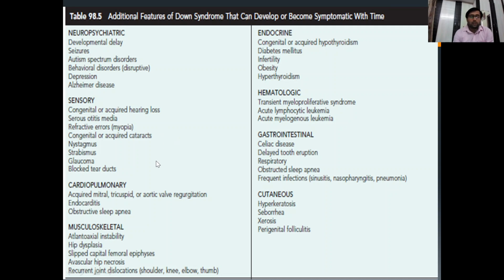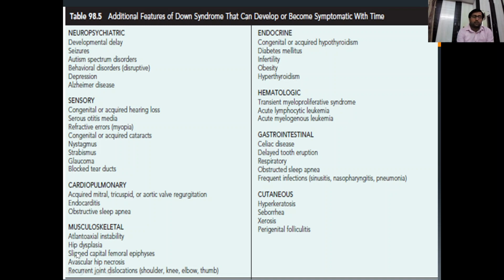Okay, in musculoskeletal, one thing which is important is atlantoaxial instability. When a child with Down syndrome is 3 years old, then we have to perform a lateral x-ray of the cervical spine to rule out this atlantoaxial instability.